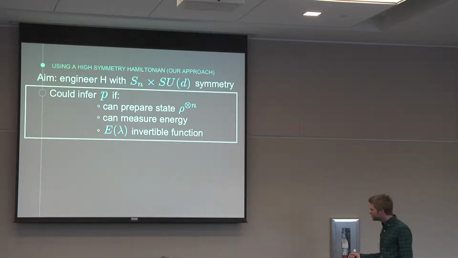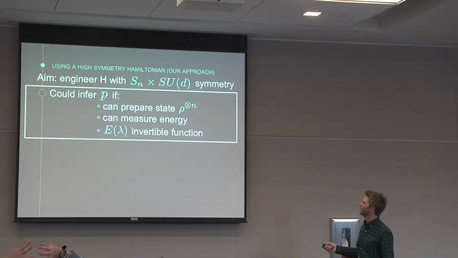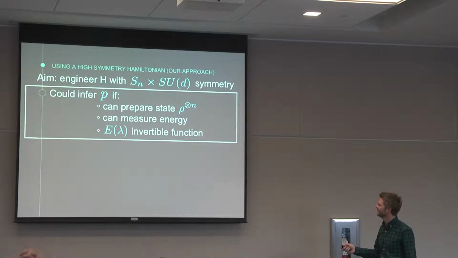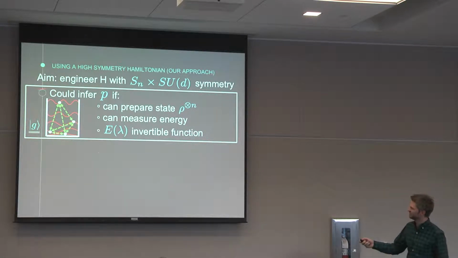OK, so before I mentioned that if you're able to engineer a Hamiltonian with S_N cross S_UD symmetry, then you could infer the spectrum using that system, provided you could satisfy these characteristics. The system that we just described is this one here.